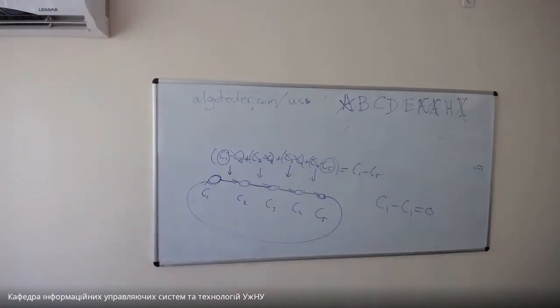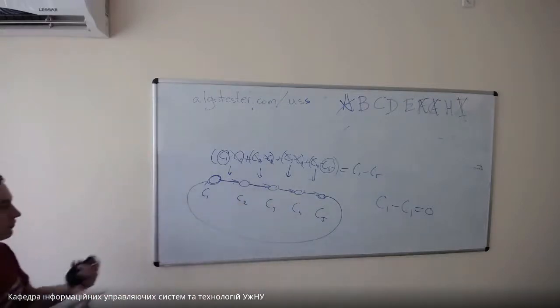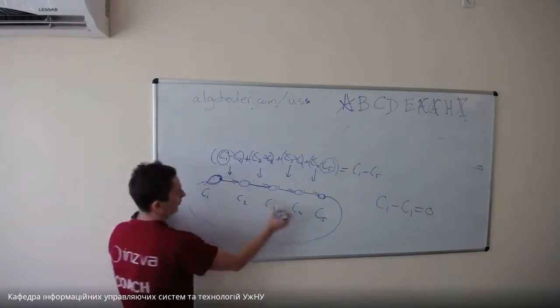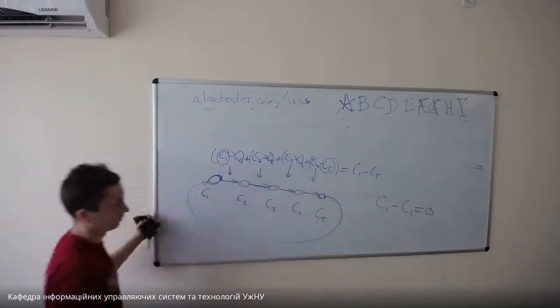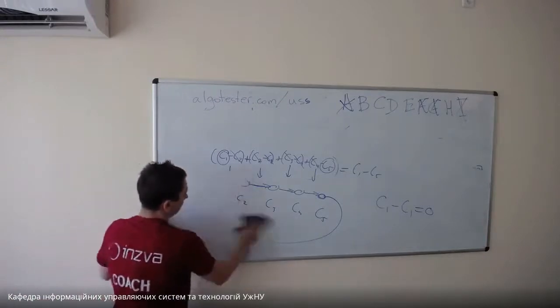I hope this answers the questions about 0. Okay, any other questions? So basically, if we sum the weights of edges on some simple paths that are constructed in this way, then the result is just the difference between colors of the first and the last vertex. And if you have a cycle, then this difference is 0. Okay. Now about the coloring.